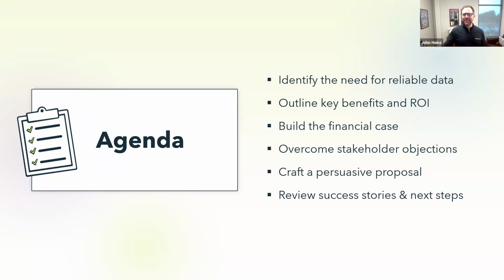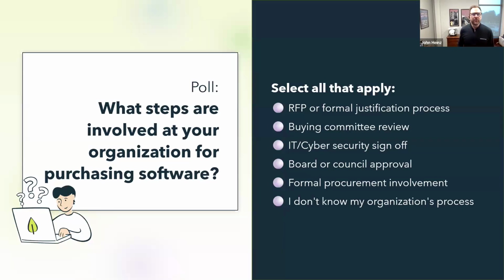To start, we have 2 poll questions that we would like to ask. So the first one, and we should pop up the poll, so please answer this. The question is, what steps are involved at your organization for purchasing software?